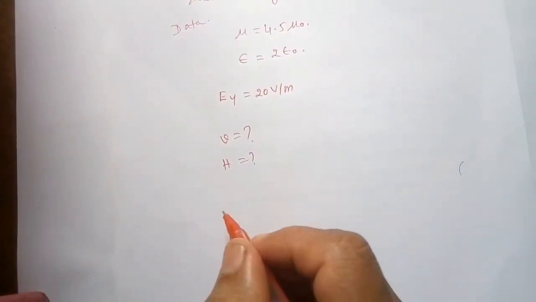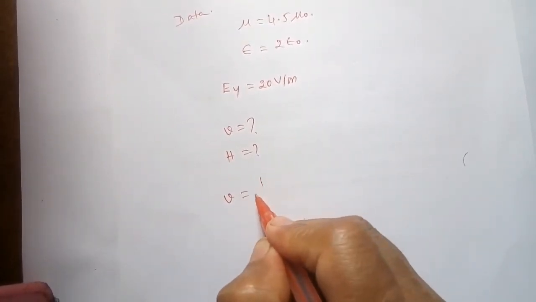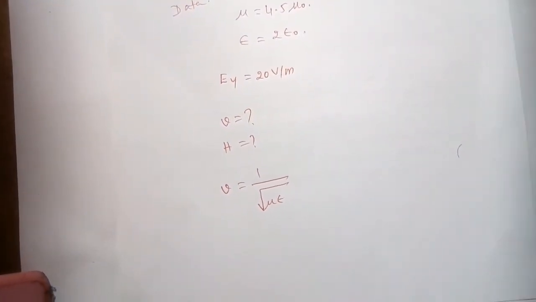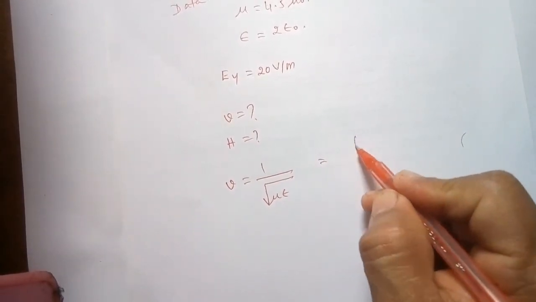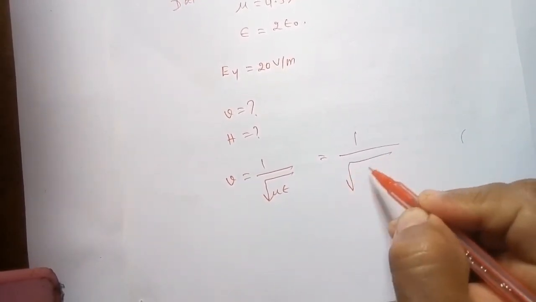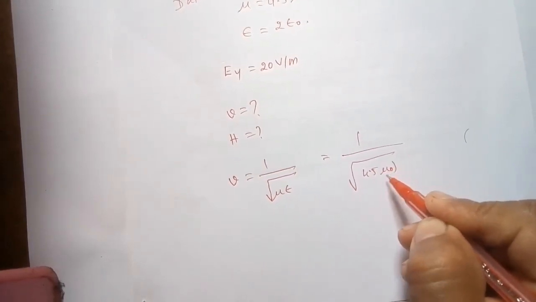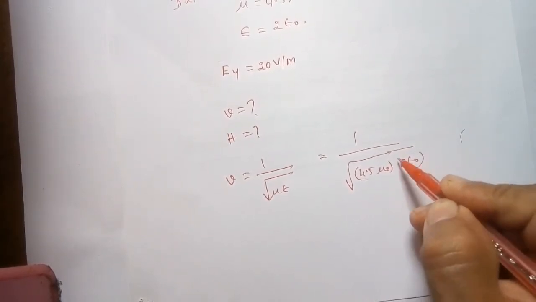So the phase velocity of the wave is given by v is equal to 1 by root of mu into epsilon. Already it is given, so it's a direct one. So root of 4.5 mu naught times twice epsilon naught.